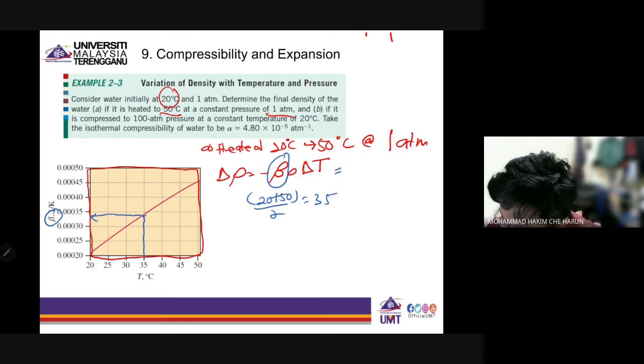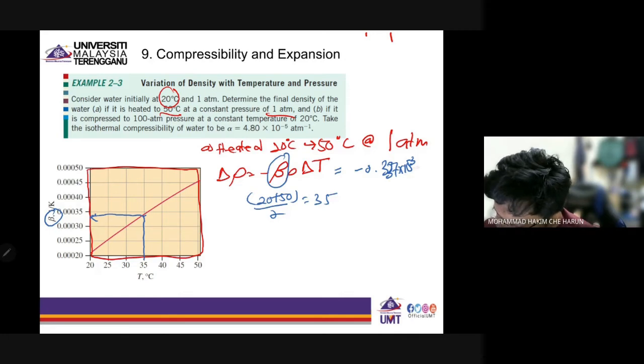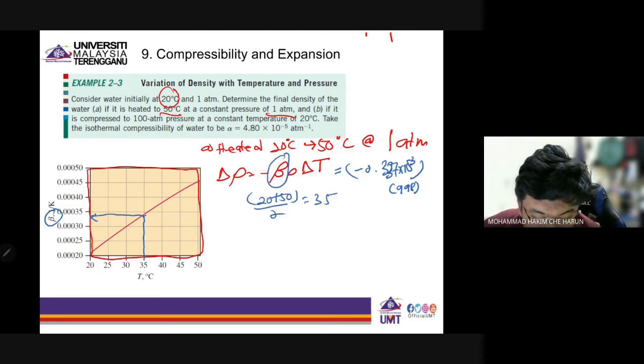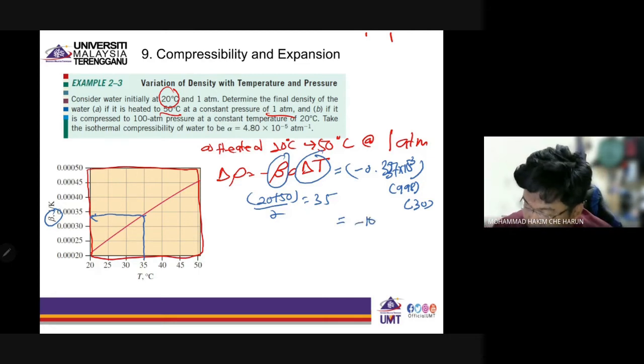So here it equals negative 0.0337 times 10 to the power of negative 3, times the rho for the temperature at 20 using the table given in the previous one, which in this case is 998, times the change of temperature, which is 30. So you will get the value here is negative 10. Okay, the next one.